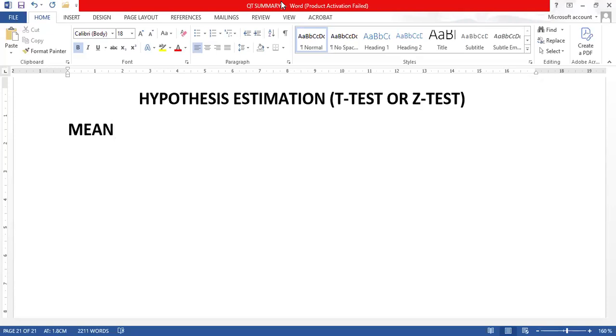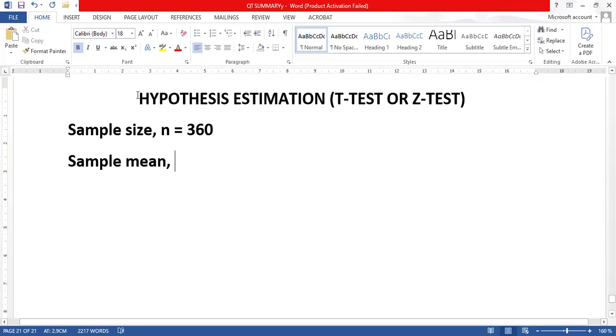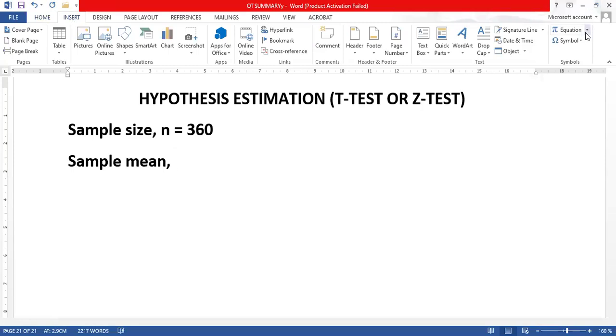Remember it is from the population where you get the sample. So here you have the sample mean. First of all, in this question, we have the sample size, n, and our n is 360. We have the sample mean, which is x bar.